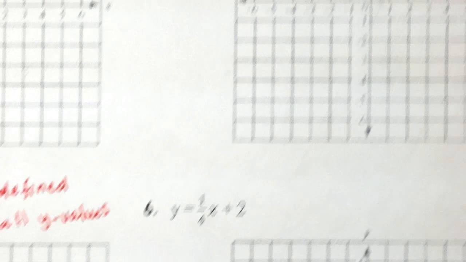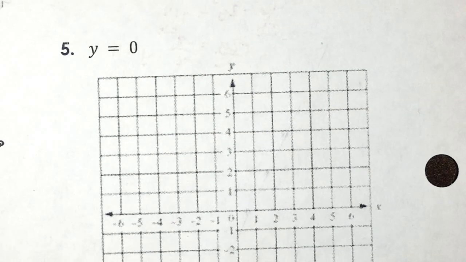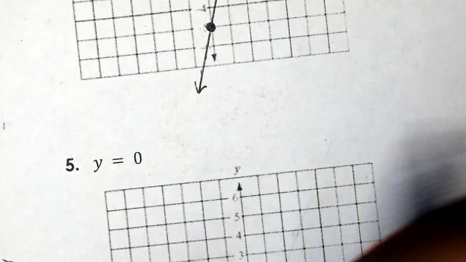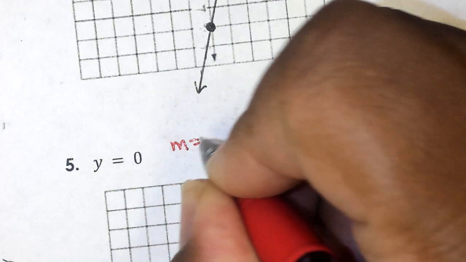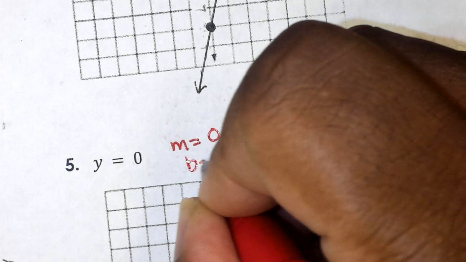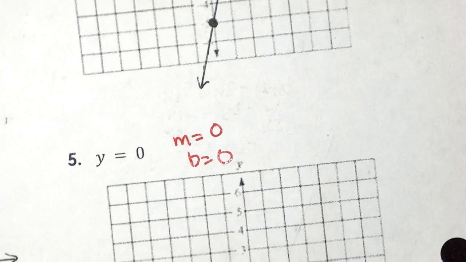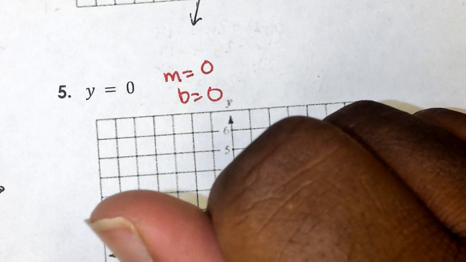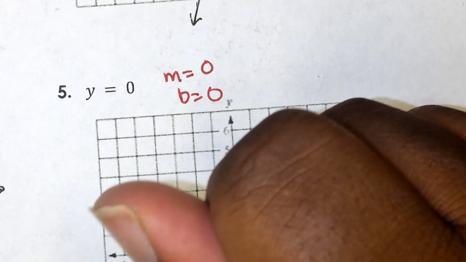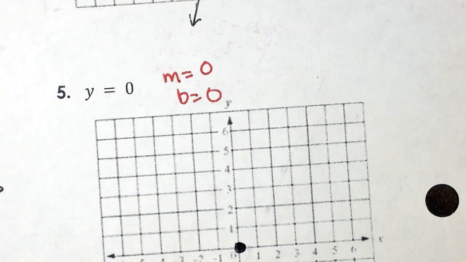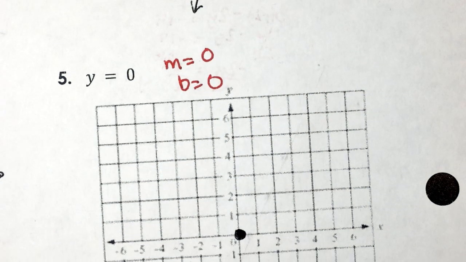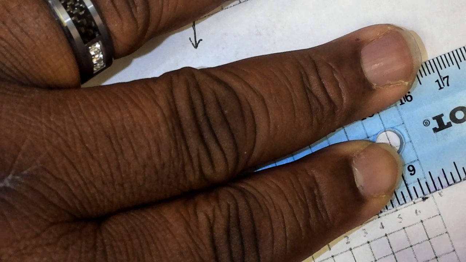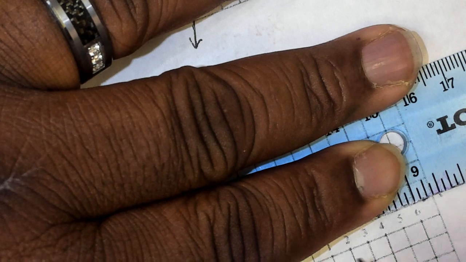Alright, last one I'm going to show you. y equals 0. y equals 0, 0 slope. Intercept is 0. So my intercept is 0. Which direction am I drawing my line? Vertically or horizontally? Horizontal line. I think we asked y'all this at some point too.